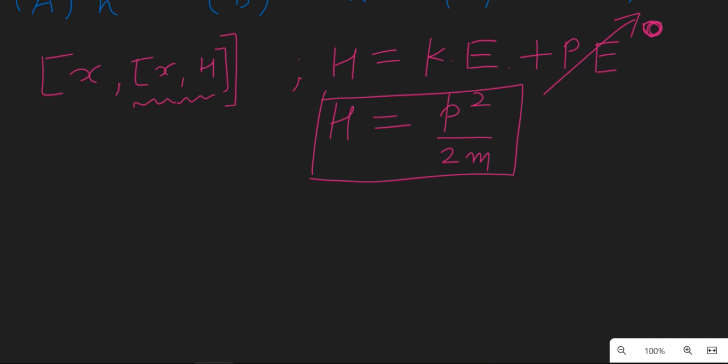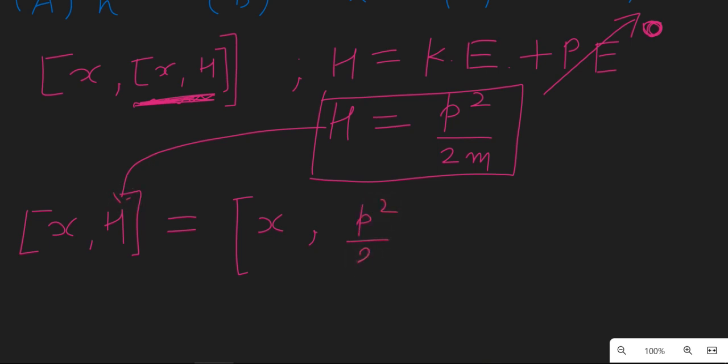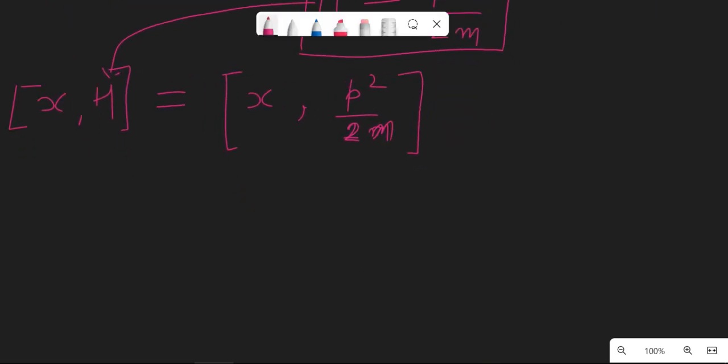So I substitute first of all in this commutation bracket. The commutation of x comma H is equal to x comma P square upon 2m. Now this 2m I can take outside the commutation bracket, so it will be 1 by 2m, x comma P square.